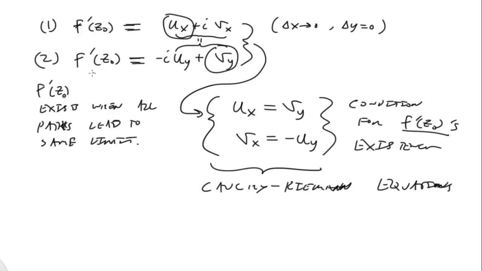When I'm doing this calculation, first of all, I'm assuming u x, u y, v x, and v y exist. But that's okay. I think we can make that assumption. We'll say that yes, the functions have to have partial derivatives. Okay, but we're also making an assumption that this does exist.